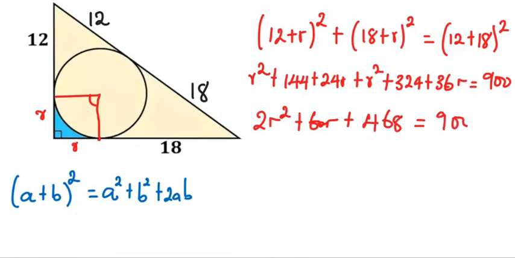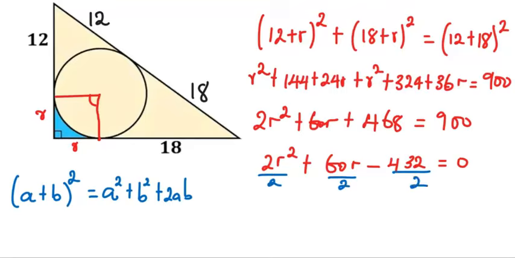And this is equal to 900. So here we get 2r squared plus 60r, then 468 minus 900 is going to give us negative 432, and this is equal to 0. So what we're going to do here is to divide each term on both sides by 2. So here we get r squared plus 30r minus 216, and this is equal to 0.